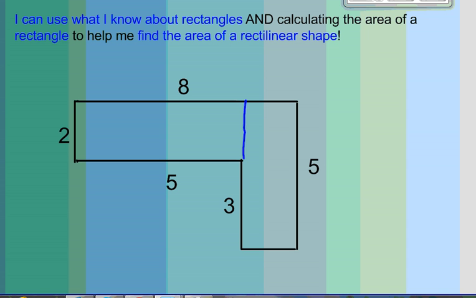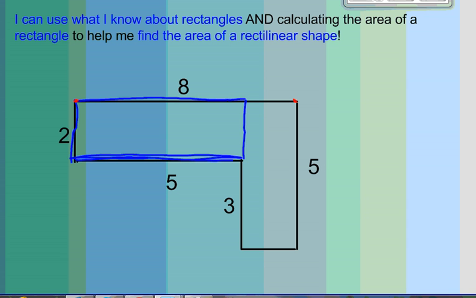So for this rectangle right here, I have a length, and I also have a width. However, my whole length is 8 here. The shape's width from here to here is 8.